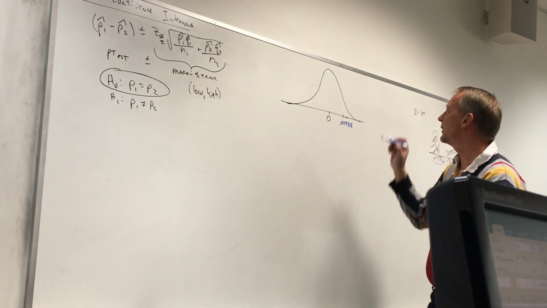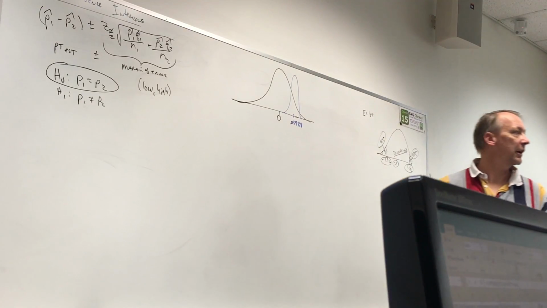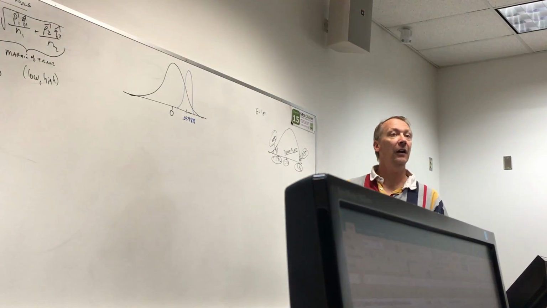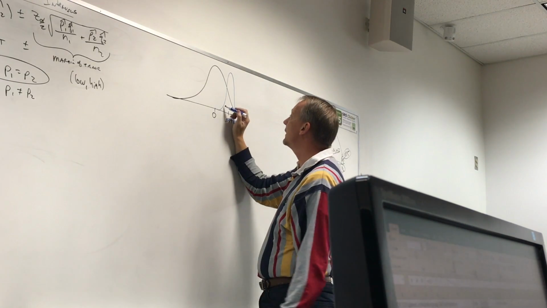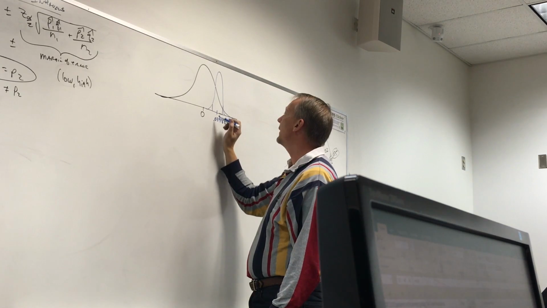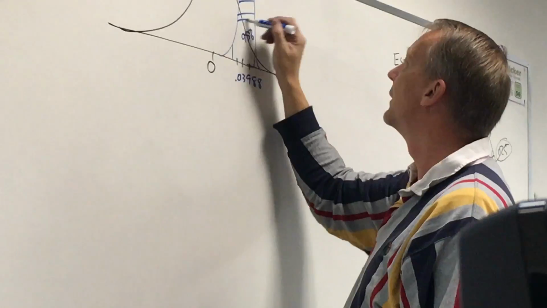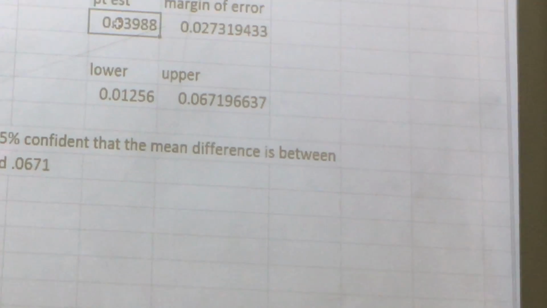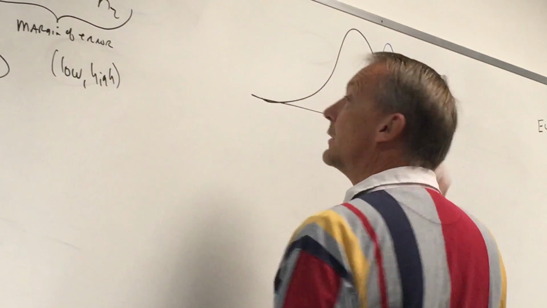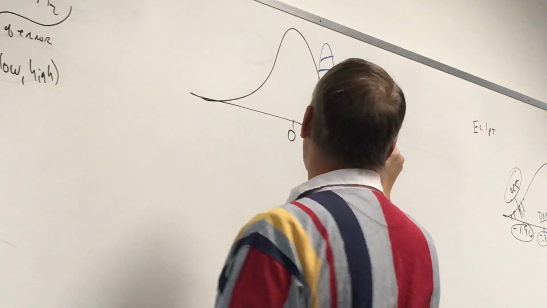So with my sample, I've got a mean difference of about 4%. Now, using the 68, 95, 99 rule, if I go out 2 standard deviations, I've got 95% of the area between, in this case, 0.0125 and 0.0672.